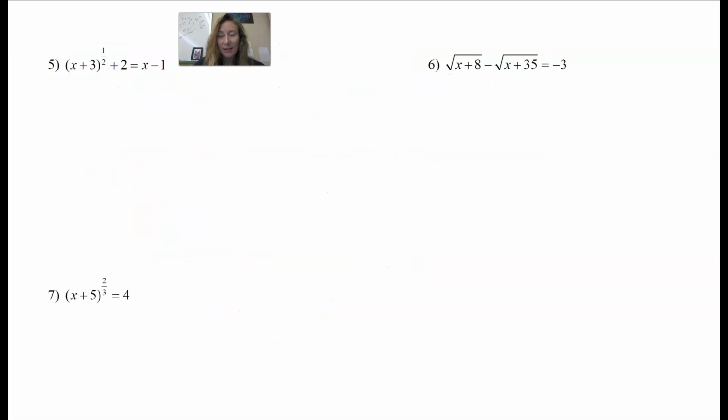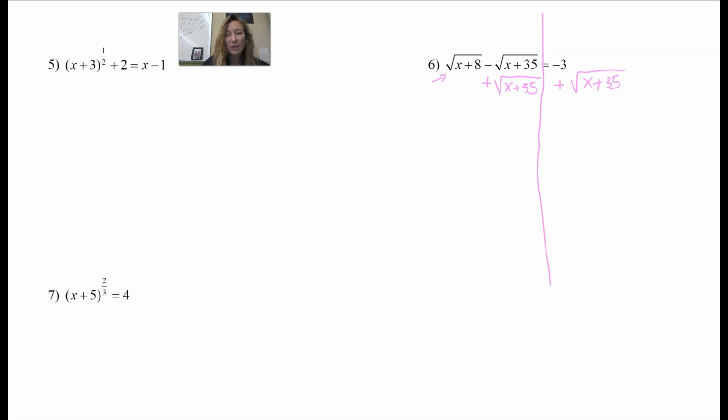All right, so on number 6, I want to isolate the radical expressions, but there are 2. So I'm going to isolate one at a time. So I'm going to draw my equal line, and I'm going to isolate the square root of x plus 8 first. So I'm going to get rid of the whole expression square root of x plus 35 with plus the square root of x plus 35.